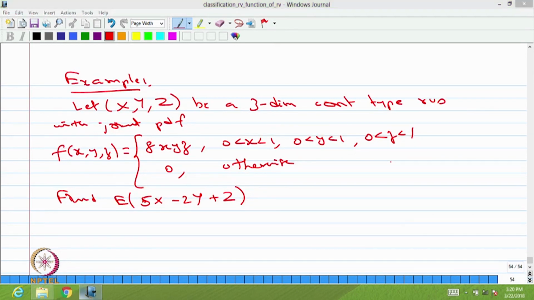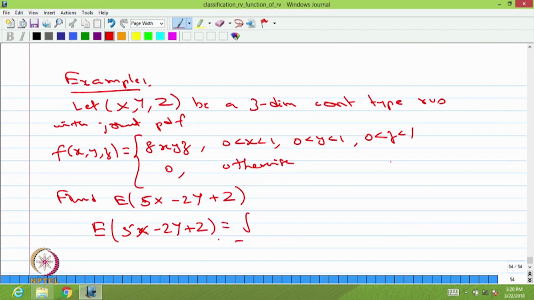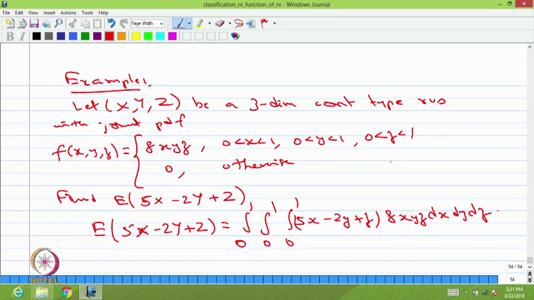That is, the expectation of 5X minus 2Y plus Z is the same as, since x, y, z lie between 0 and 1, the integral from 0 to 1, 0 to 1, 0 to 1 of 5x minus 2y plus z times 8xyz dx dy dz.